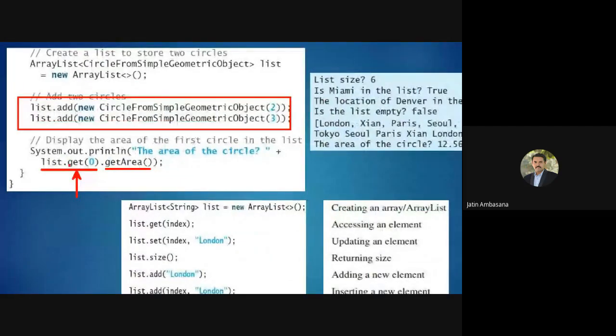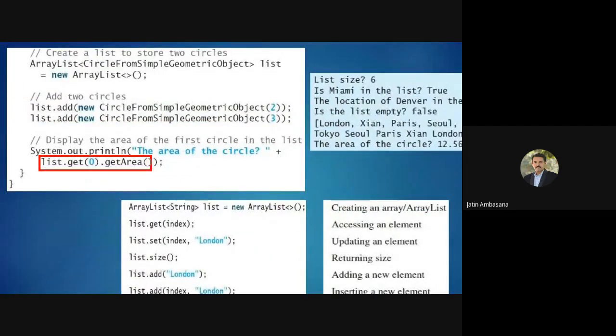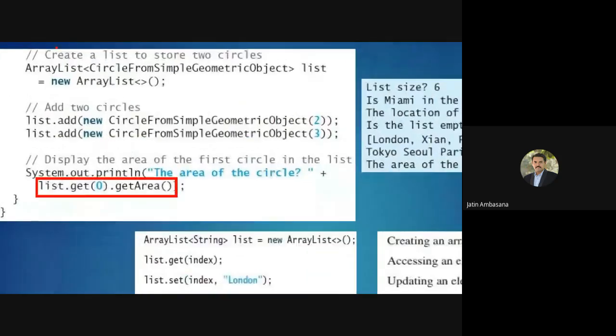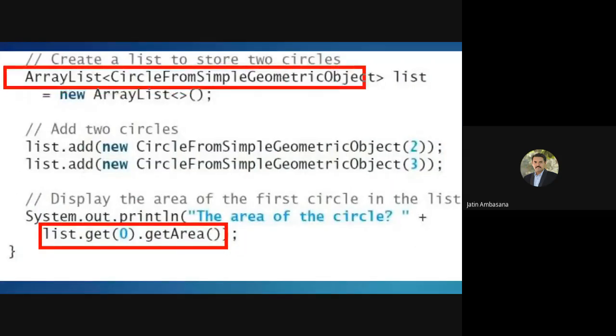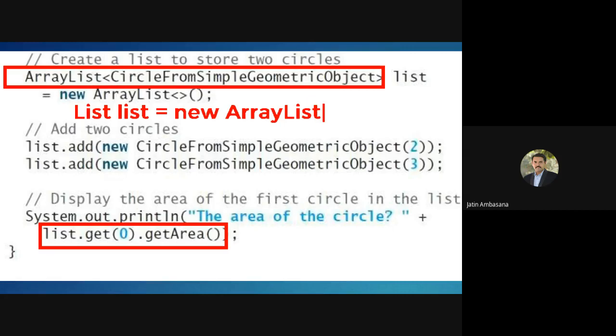So this thing is basically possible if you have specified that you would be having an array list of this particular class. If it would have been a list variable, list is equal to new array list, and then here you specify circle from geometric object, right?